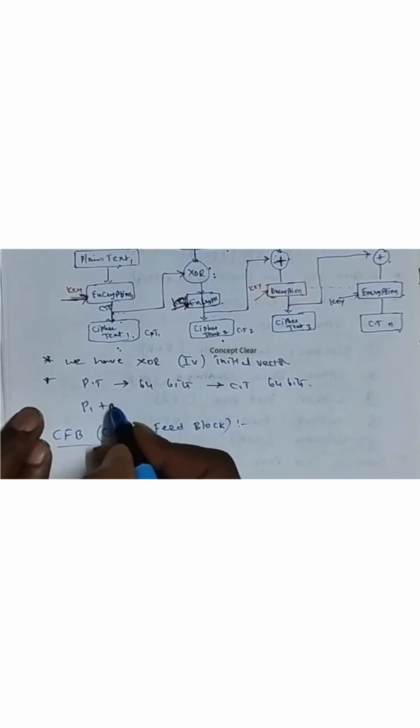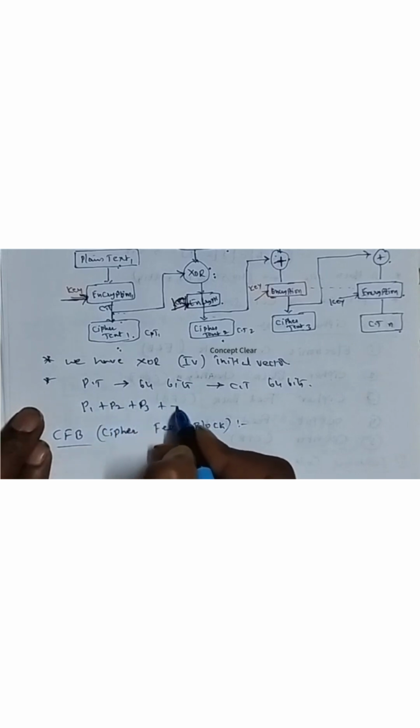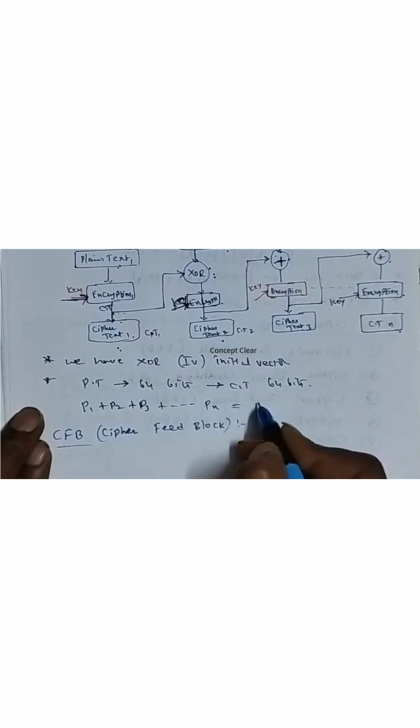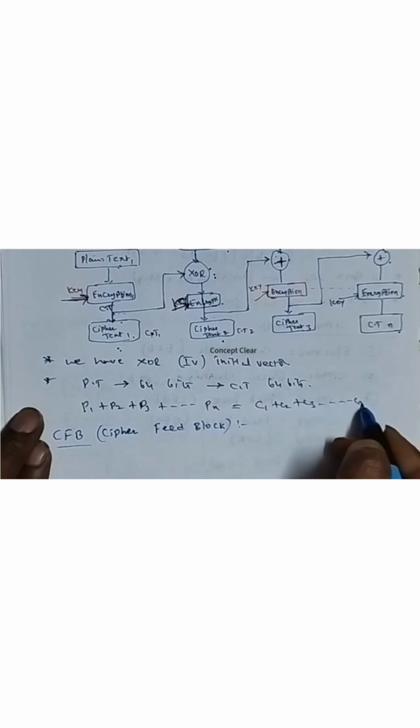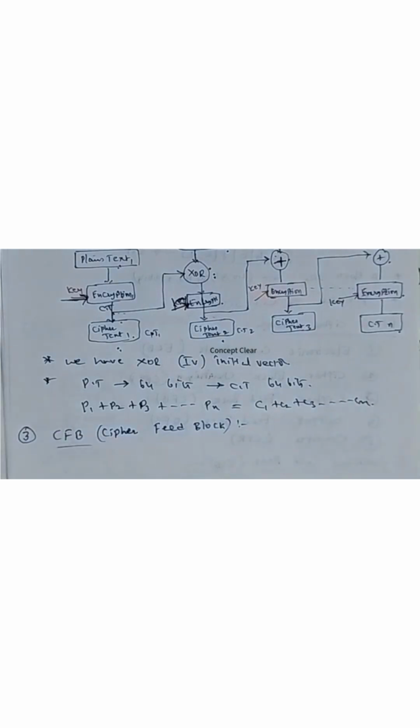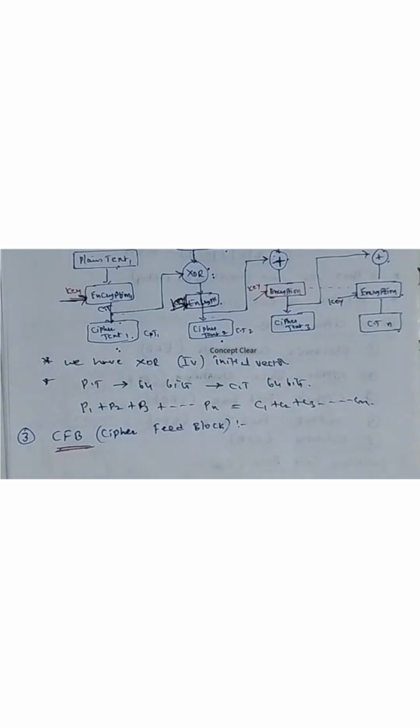And finally, after completion of all the blocks, we add P1 plus P2 plus P3 and so on, which equals C1 plus C2 plus C3 up to Cn. This is the ciphertext.